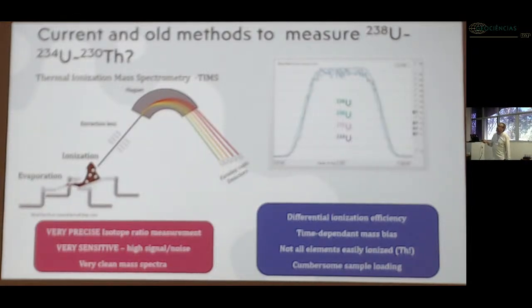And basically, what happens is the sample evaporates, hits another heated filament that ionizes it, and makes an ion cloud. And this ion cloud, there's a set of extraction lenses. There are magnetic fields that are just pulling the ions into the mass spectrometer, and the magnet is actually separating the ions.